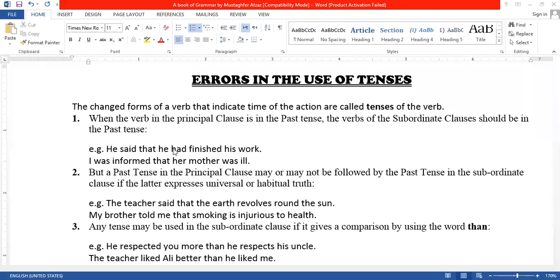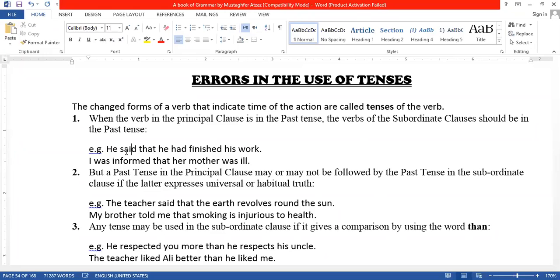For example, I say: he said that he had finished his work. In this sentence, "he said" is the principal clause, and "that he had finished his work" is the subordinate clause. You can see that in both clauses I have used the same tense, that is, past.